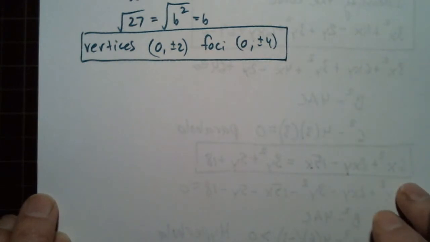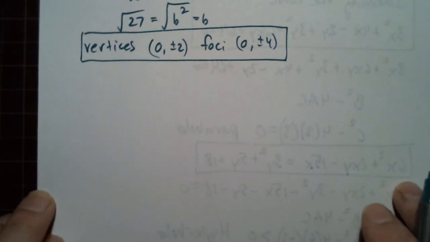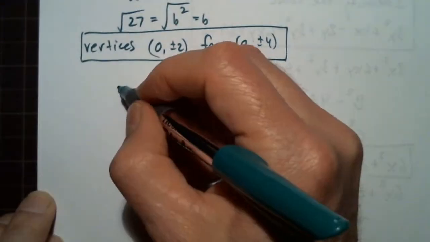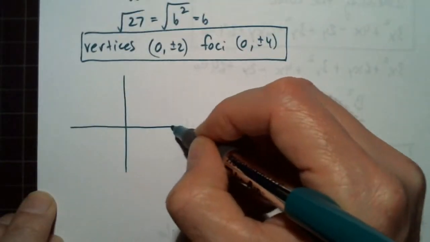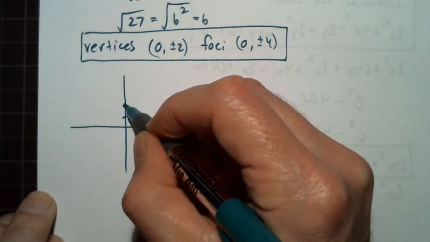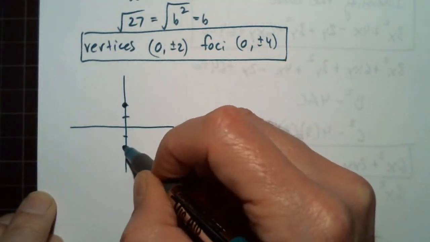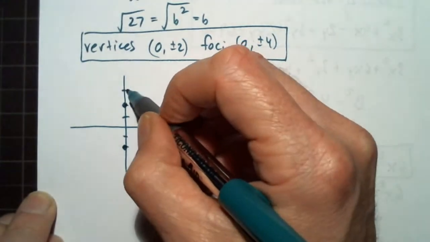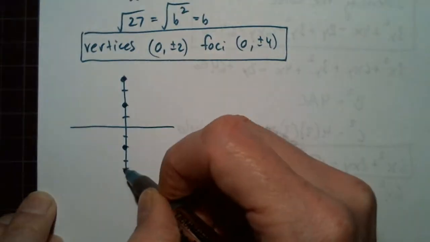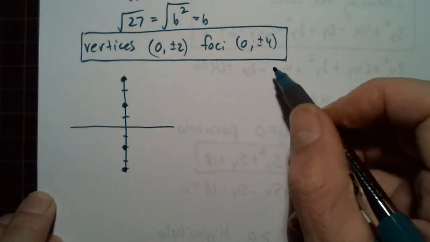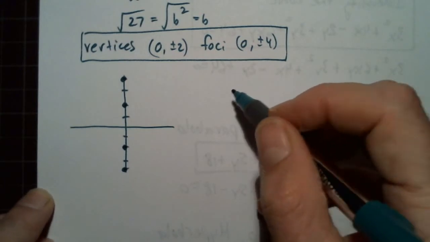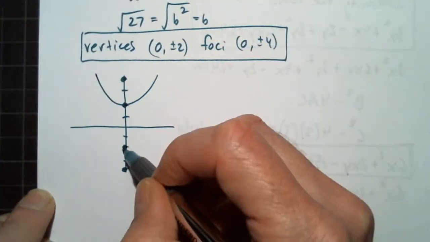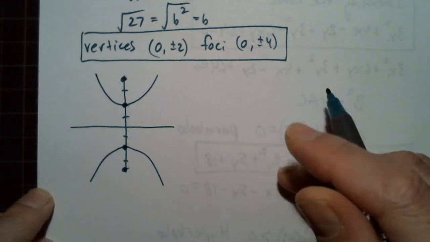Okay, pause the video and find the equation of the hyperbola. 0, 2 is a vertex. 0, negative 2 is a vertex. So in this graph, the hyperbola has to be opening like that.